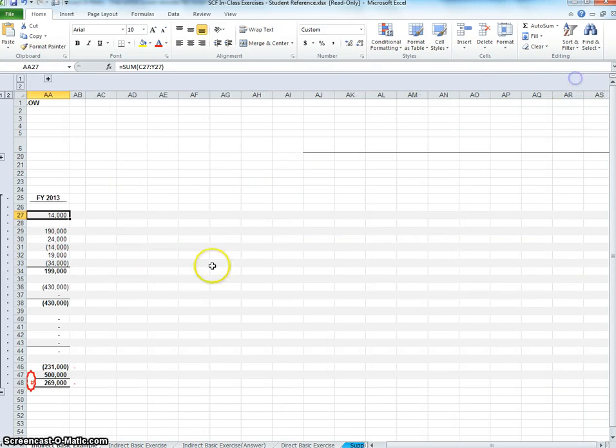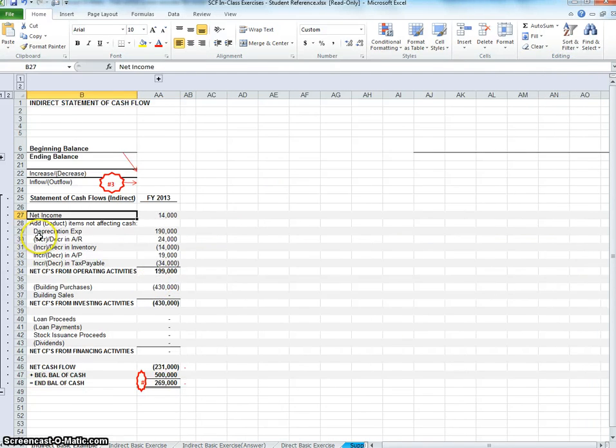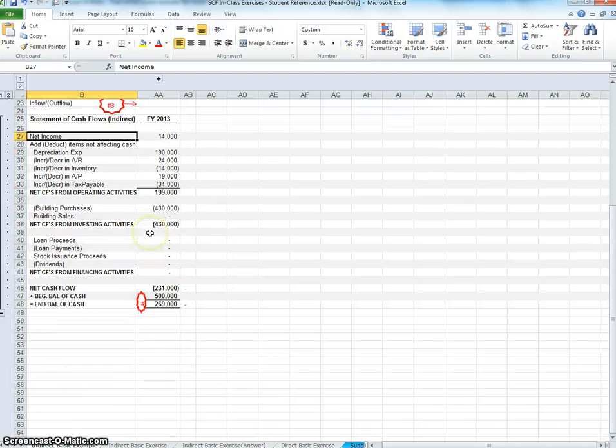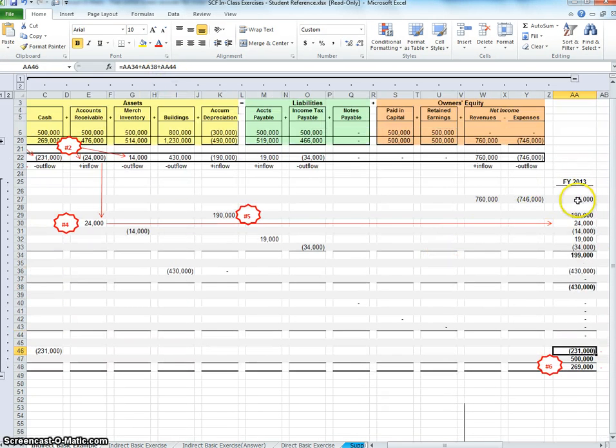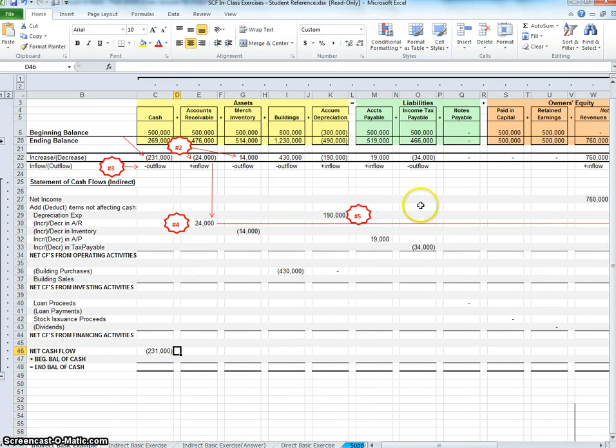Let's regroup before we get too overwhelmed. Net income was 14,000. Net cash flow was 231,000. That 14,000 consists of a revenue and expense piece, and that 231,000 is equal to your change in cash.